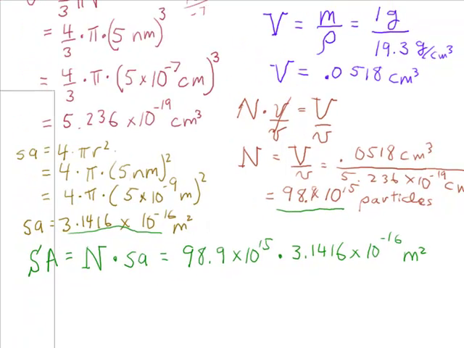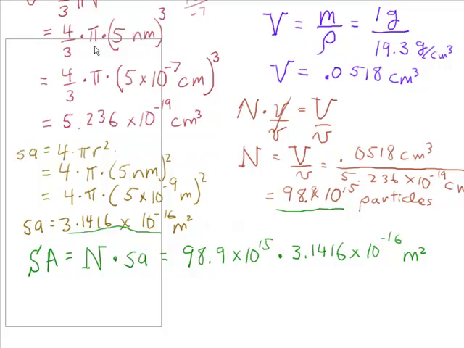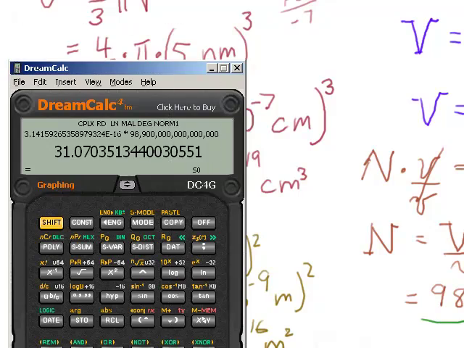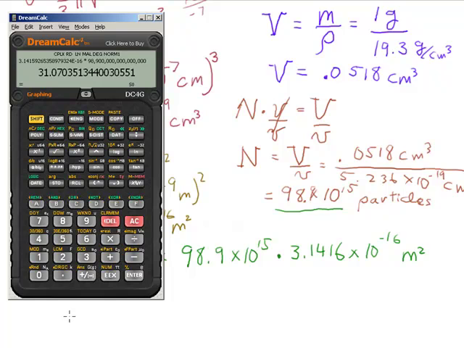Okay, so let's do that. I already have this number in there, so I'm times 98.9e to the 15th. Enter. Okay. So I can write that over here.